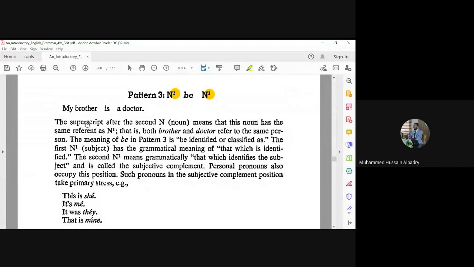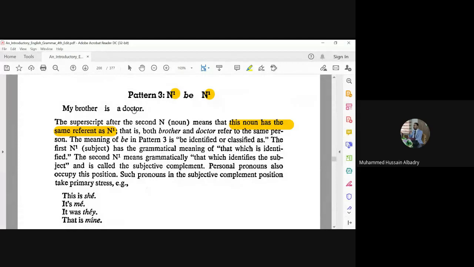يقول لك هذا السوبر سكريبت اللي واحد. After the second noun means that this noun has the same referent as noun 1. يعني the same referent. يعني شنو the same referent؟ Who is the doctor? My brother. Who is my brother?